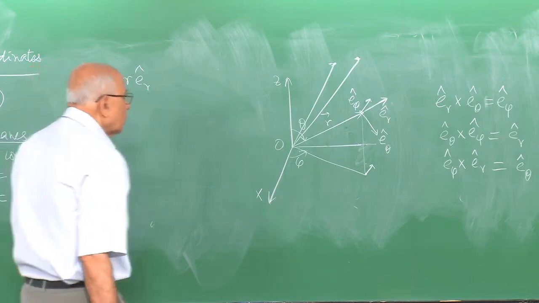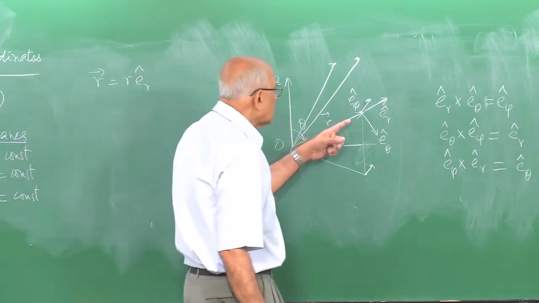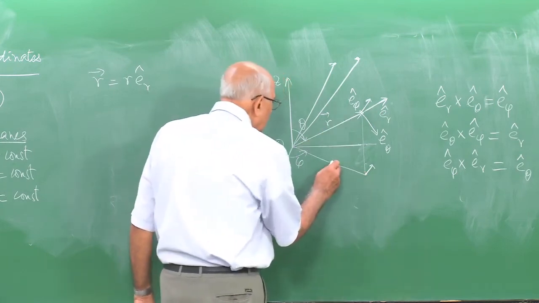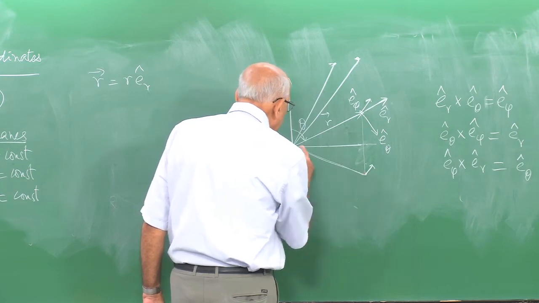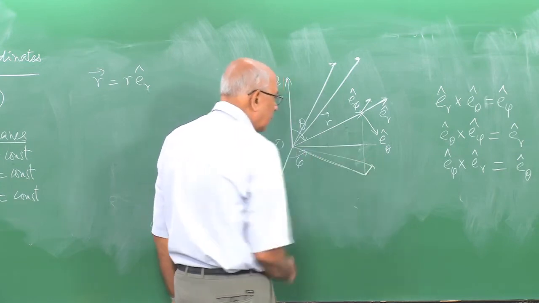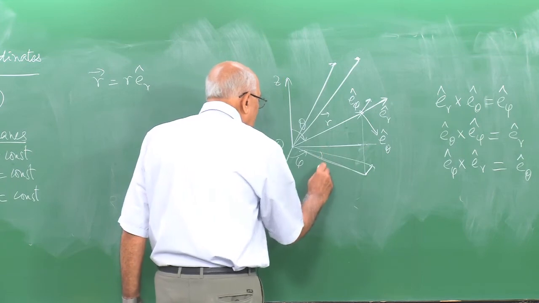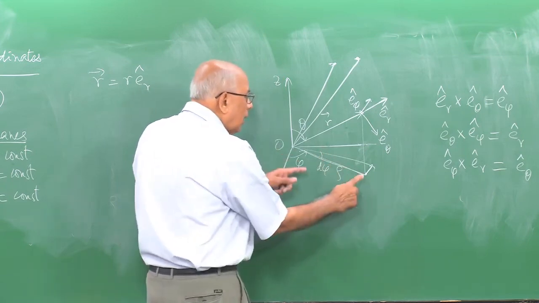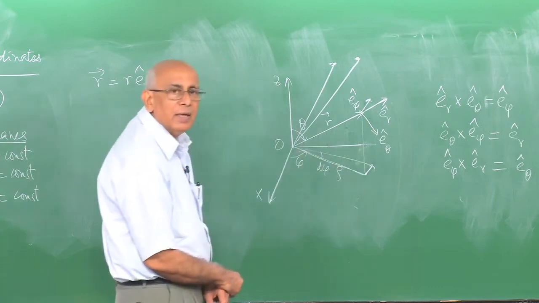So if you keep theta and r constant and shift only phi, then you are shifting by this vector to that, in this direction, inwards. So if this angle is d phi and this distance is rho, then it's rho times d phi that you have shifted the line element by.